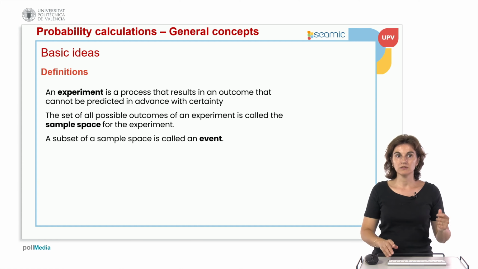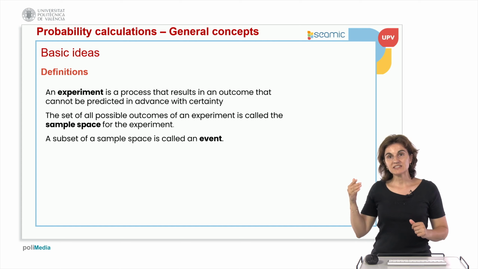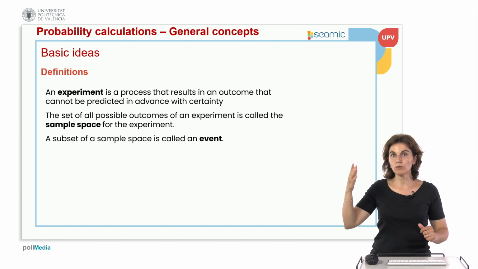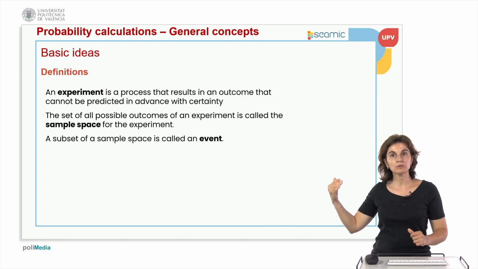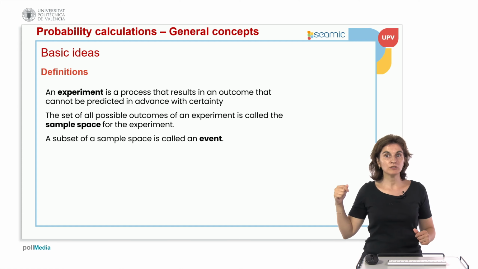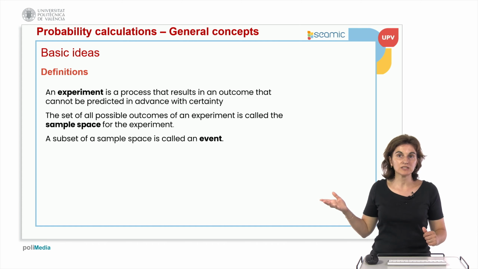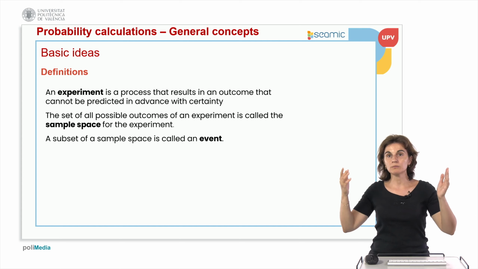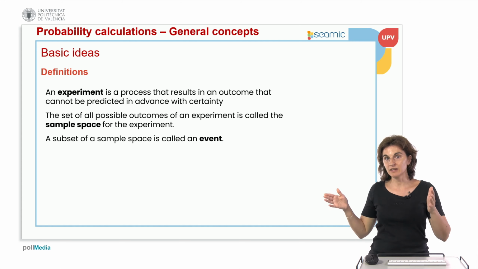Each of these subsets of the sample space, the probability of obtaining 3 or 4 or 5, is known as an event. But we could define other events, such as, for instance, the probability of obtaining an odd number or the probability of obtaining an even number.